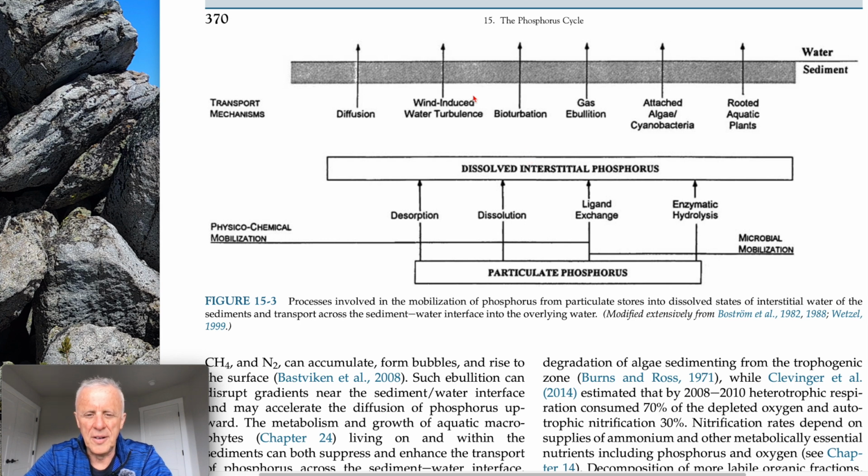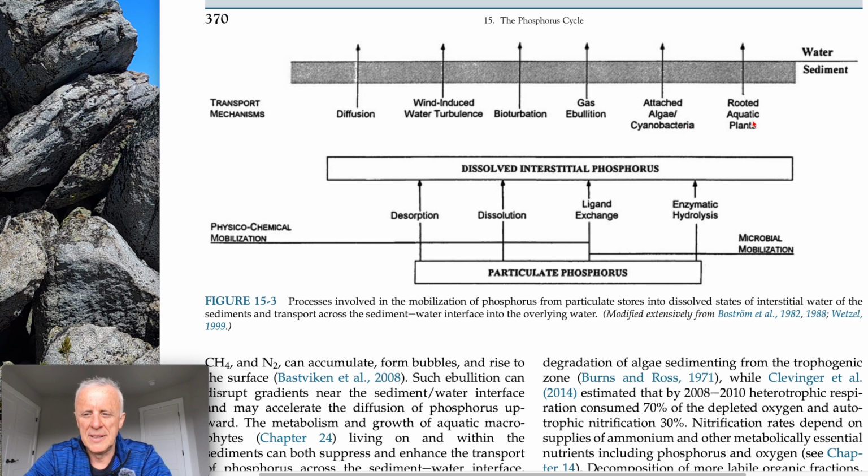And then the upper part here, where phosphorus is leaving the sediment into the water, we have this transport mechanism: diffusion, wind-induced water turbulence, bioturbation, gas ebullition. So gas ebullition is gas that is bubbling up, kind of bubbling through the sediment into the water.